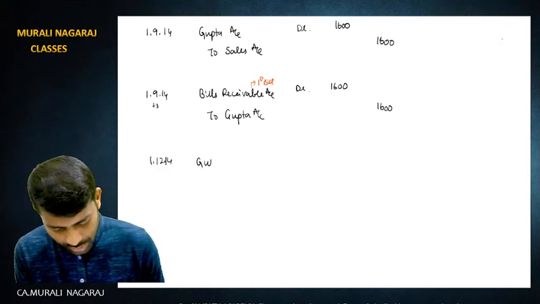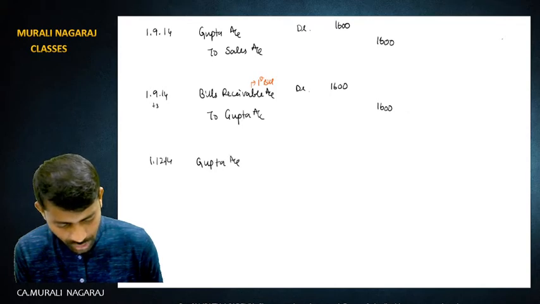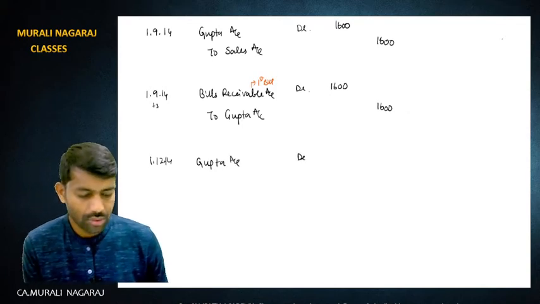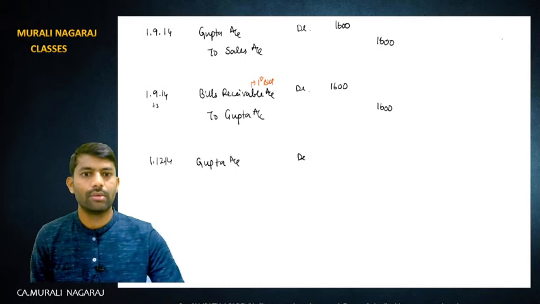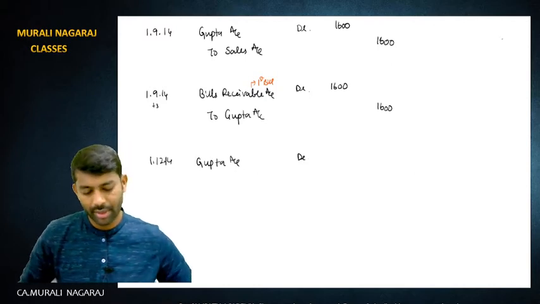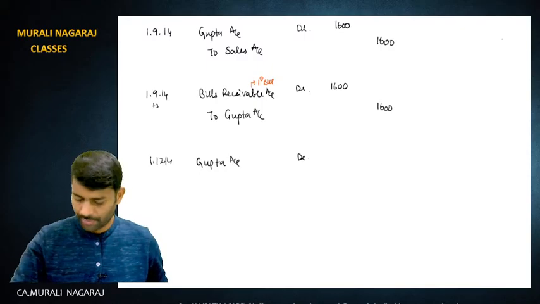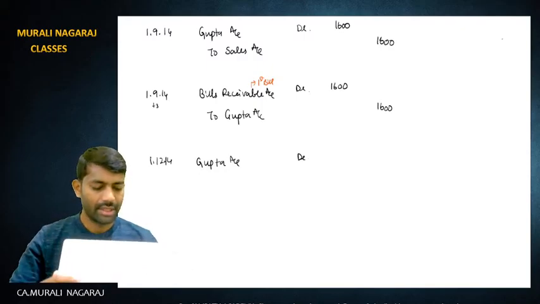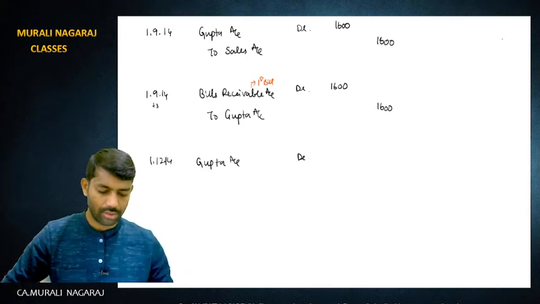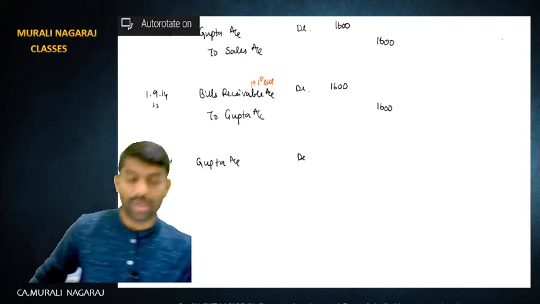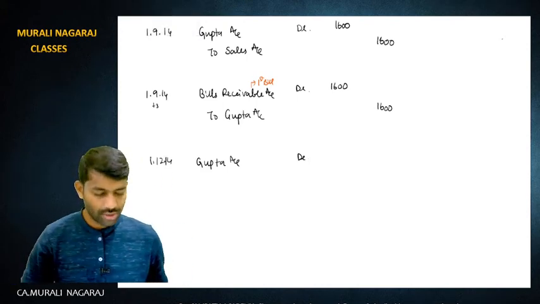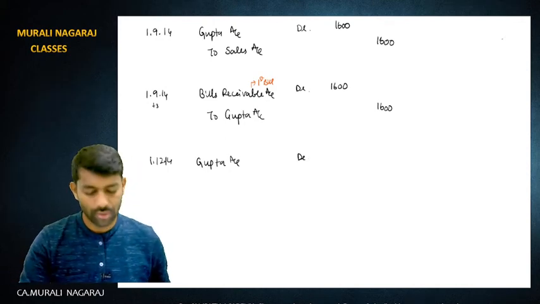The entry for cancelling the bill is Gupta account debit. We have to redebit Gupta account, and the bills receivable we have, we have to close.